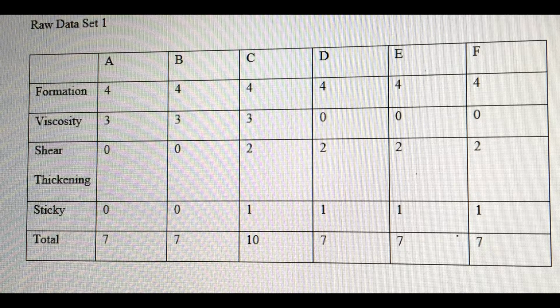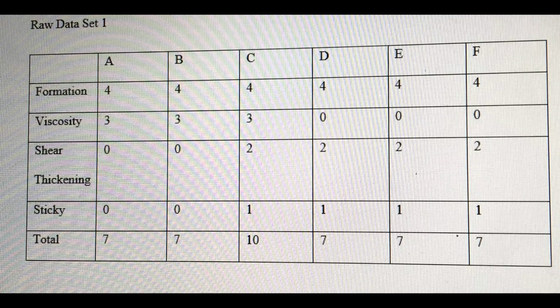For solution E, which included 1 1/4 teaspoons of borax in solution, it was awarded 4 points for formation, 0 points for viscosity, 2 points for shear thickening, and 1 point for stickiness. It too ended with 7 points.